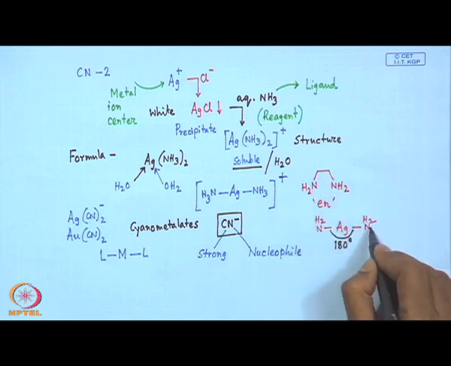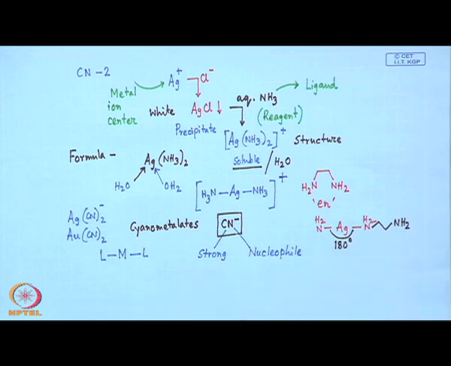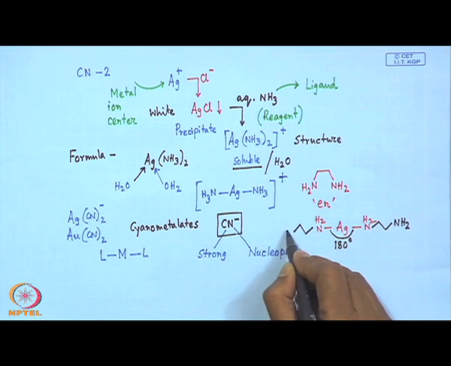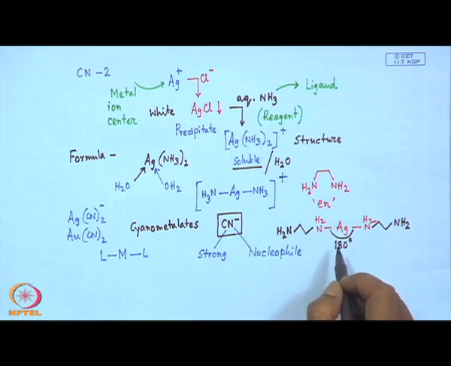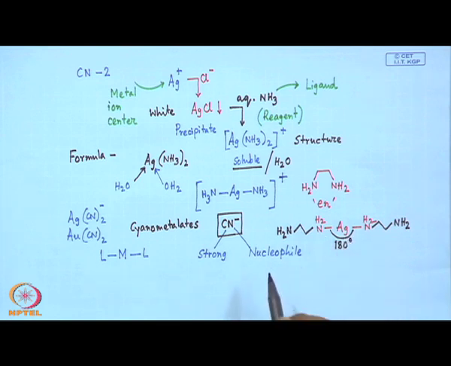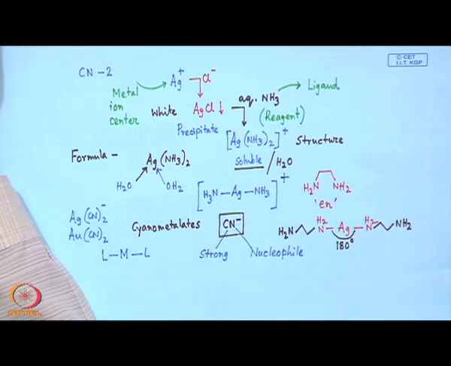So, what we will find is only monodentate coordination of ethylene diamine from one side and another from the other side, giving rise to a different type of species, but only monodentate ligation is permissible to the silver center, or if it is with gold 1, it will also give the interaction from one point of attachment only.